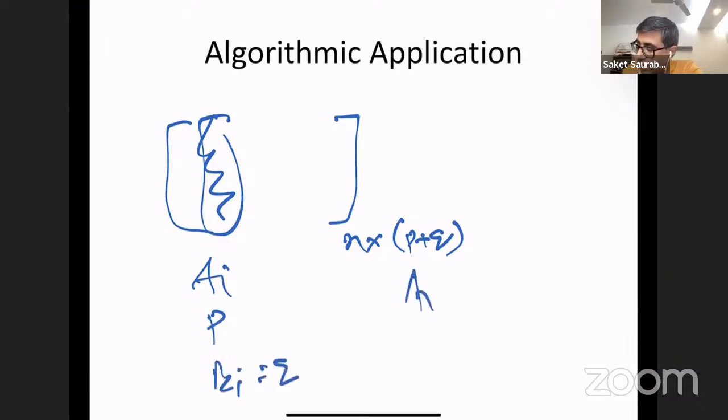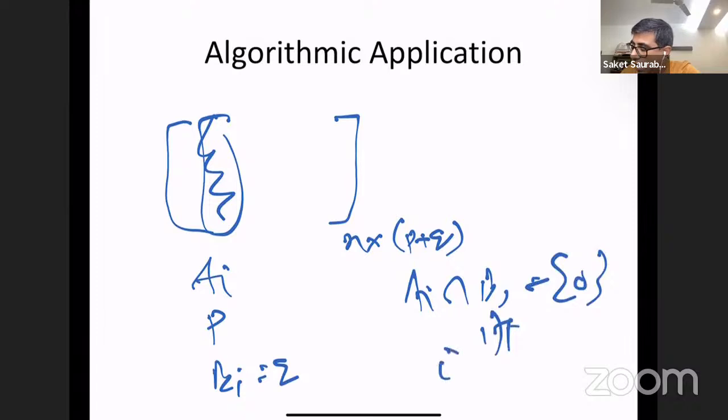And you say that Ai intersection Bj as a subspace is empty if and only if i equals j. Then you ask, how many such pairs of subspaces can you create? There's a very nice proof by Bollobás, which again says it is p plus q choose p. But there is no known combinatorial proof for this fact. The only known proof is via exterior algebra and those kinds of things.